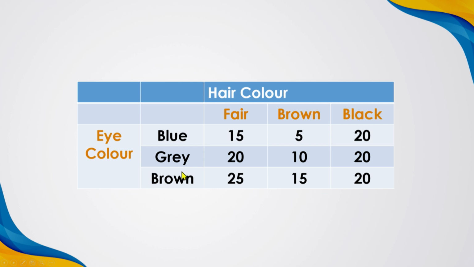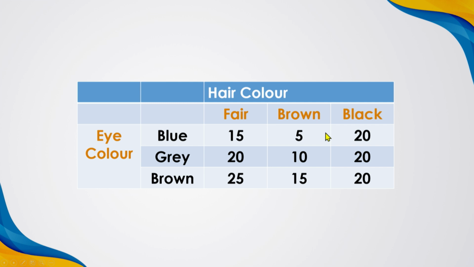Here each frequency is called an observed frequency, and each number represents two meanings. Now we can understand that 15 represents 15 persons having fair hair color and blue eye color. In the same way, you can see this 5, that is 5 persons having brown hair color and blue eye color.